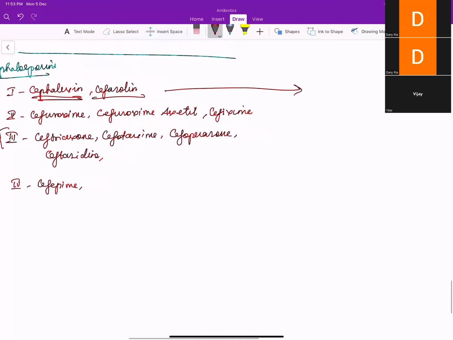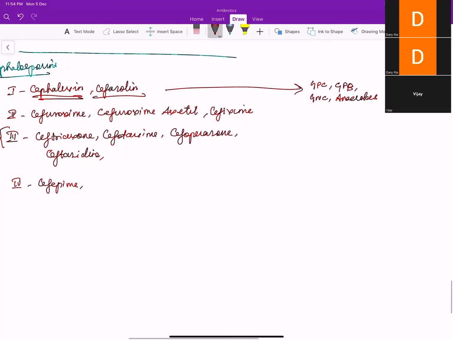First generation is like the basic penicillin, so gram positives mainly. Gram positive basically, few gram negative cocci plus anaerobes. So penicillin equals first generation cephalosporin, plus it covers some gram negative, but it is more effective against gram positive.